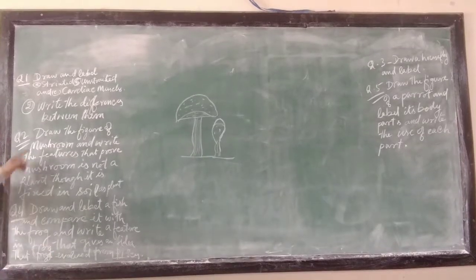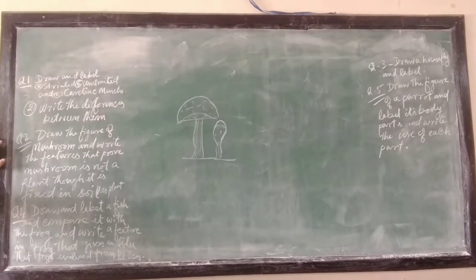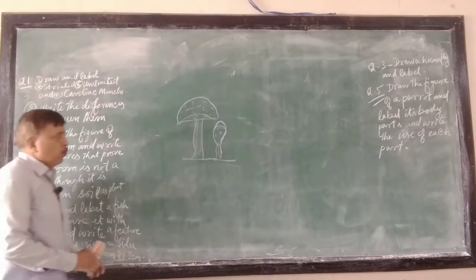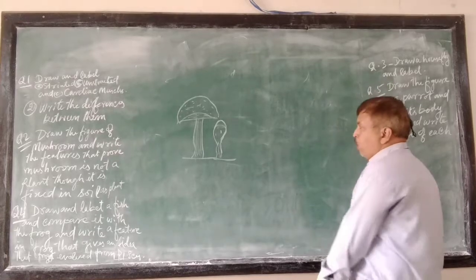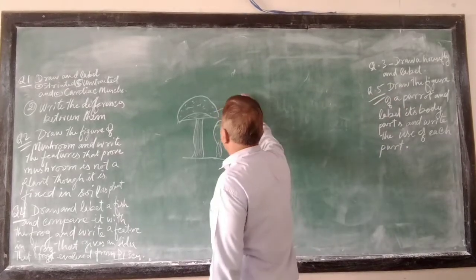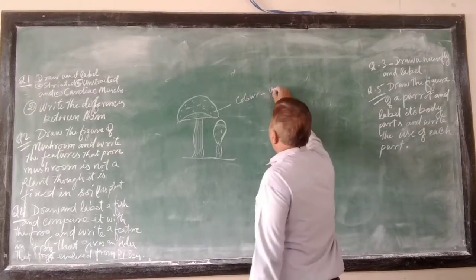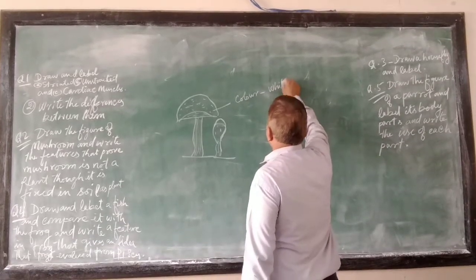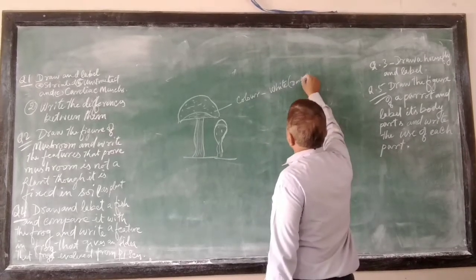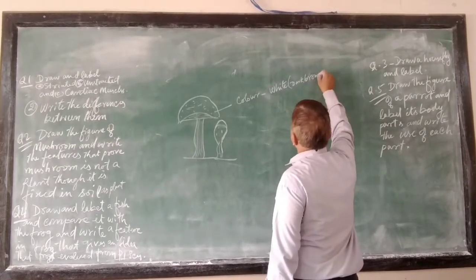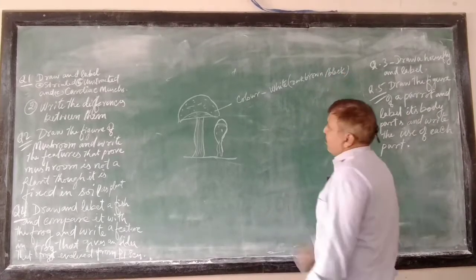So, draw the figure of mushroom and write the features that prove it. So, first feature, when you look at it from outside, first regarding the color. What is the color? White, and later on it becomes dark brown or black, right.